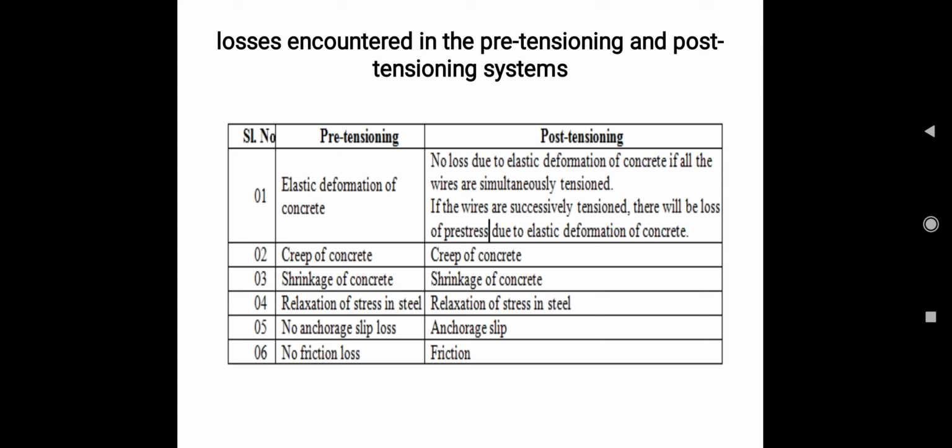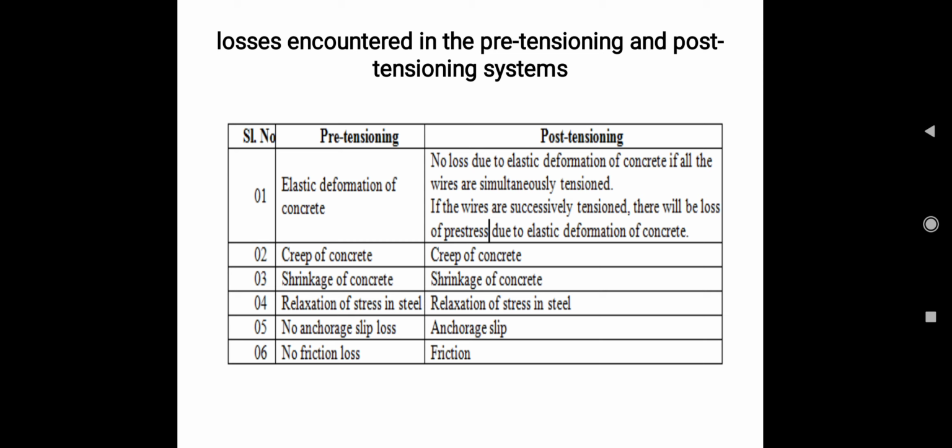Pre-tensioning means the steel is tensioned and then the concrete is placed. Whereas in post-tensioning, the concrete is placed and a provision is made to pass the steel, in the form of ducts or voids, and the cables or steel is made to pass through these ducts, and then it is tensioned and anchored.